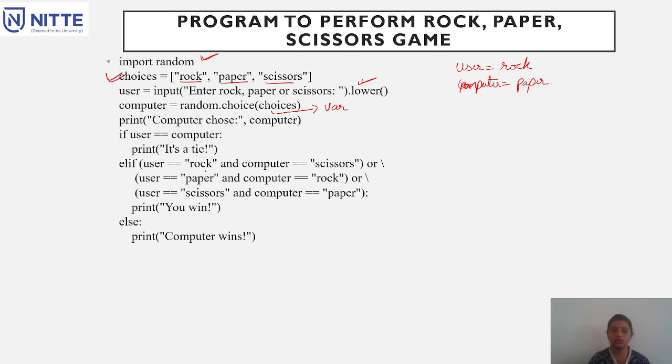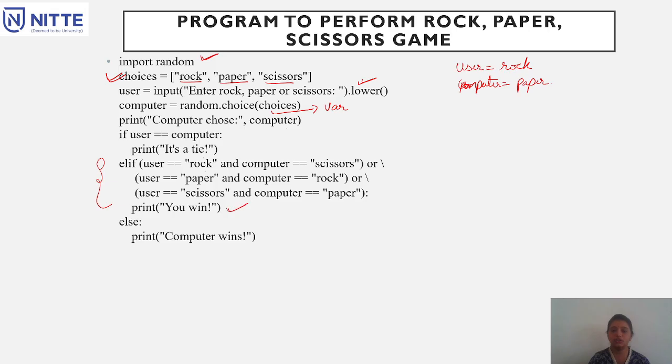If the user chooses rock and the computer chooses scissor, or I am using the logical operator or: user paper, computer rock; user scissor, computer paper. So now what have we chosen? We have chosen user as rock with the computer as scissor. If this is chosen, then only if these choices are there, print you win. So it will print you win.